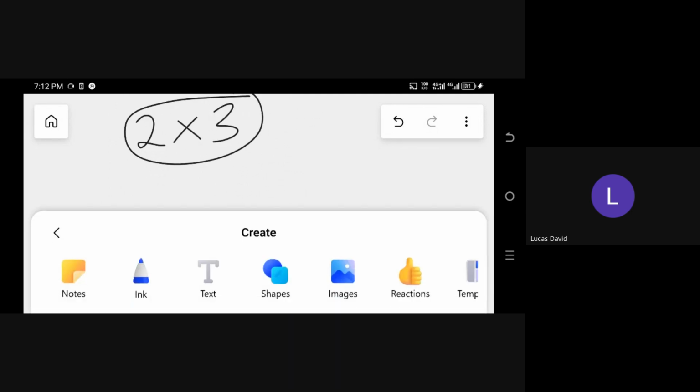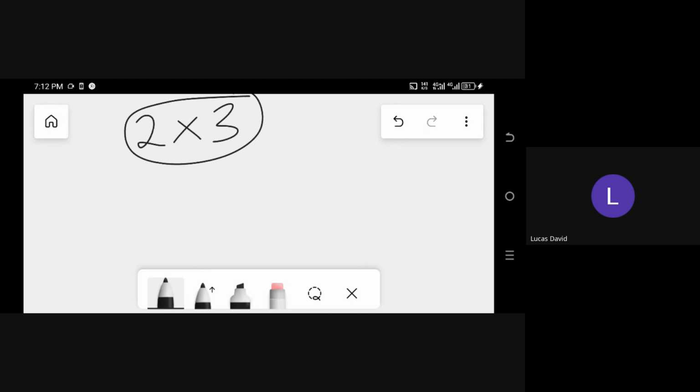So let's take this matrix, for instance. Let's say A, B, C, D. So what would be the order of this matrix? If we count the rows, there are two rows here.